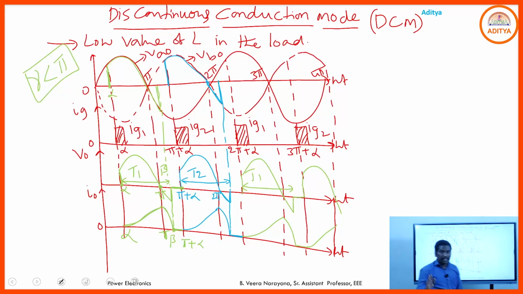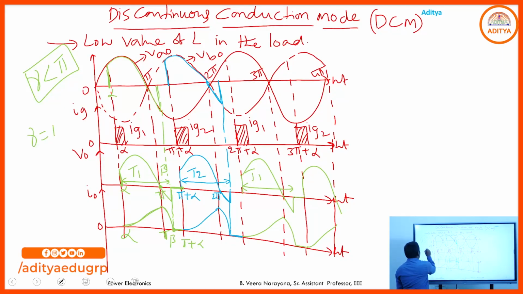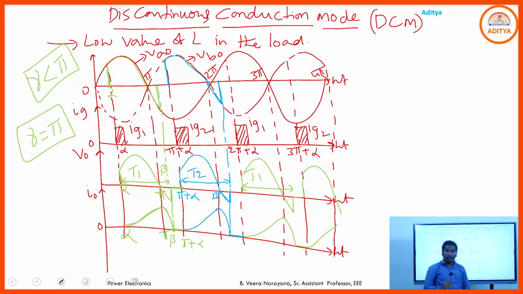In the discontinuous conduction mode, the conduction angle of each SCR is below 180 degrees. In the continuous conduction mode, this conduction angle must be 180 degrees. Gamma equals 180 degrees for continuous conduction mode and gamma is less than 180 degrees in discontinuous conduction mode.